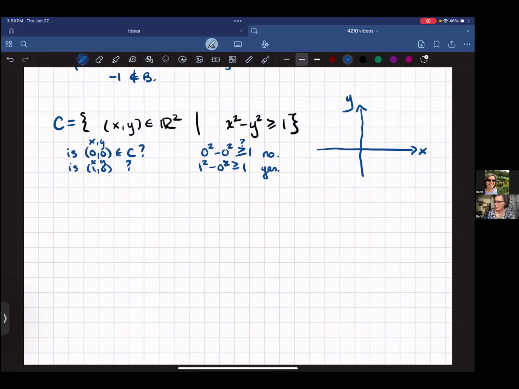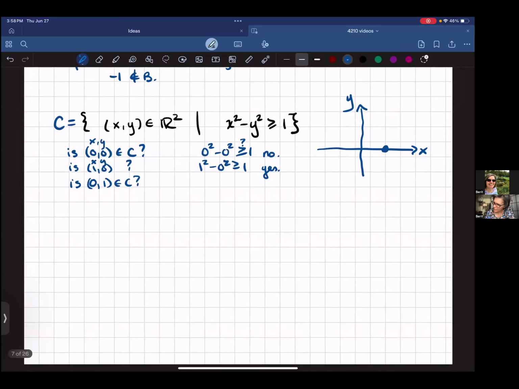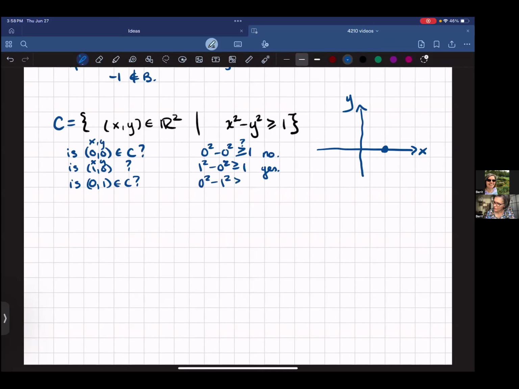Yes, it's actually equal. So (1, 0), which is right here, that point is in C. What about (0, 1)? Well, 0 squared minus 1 squared, question mark, greater than or equal to 1? No, that's negative 1, which is sad. So that's not in there.